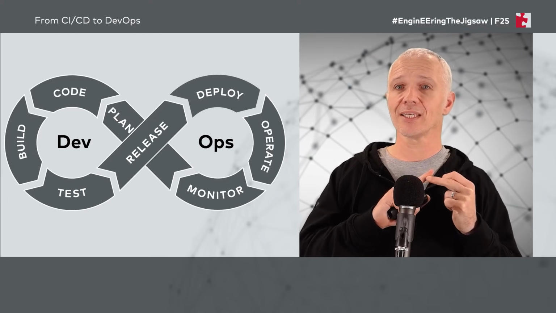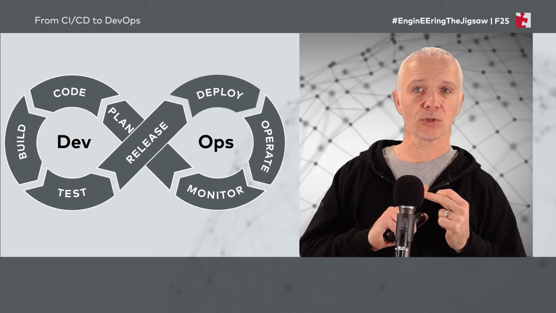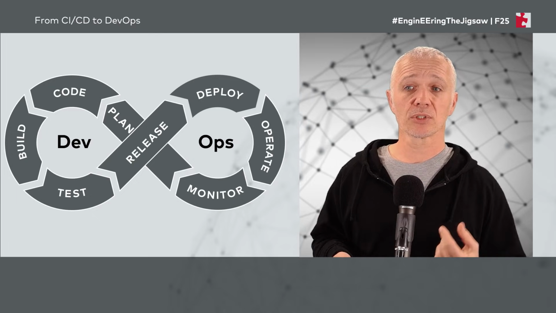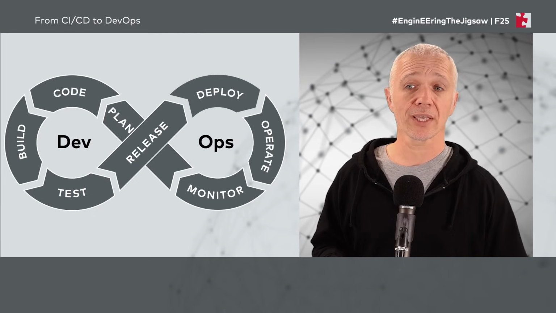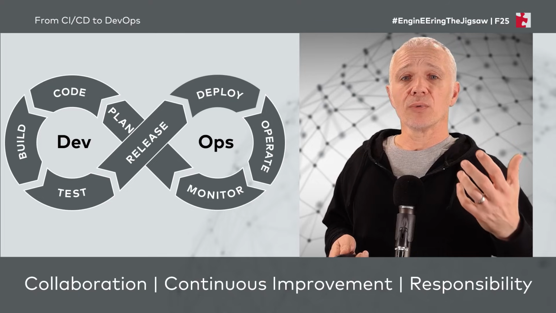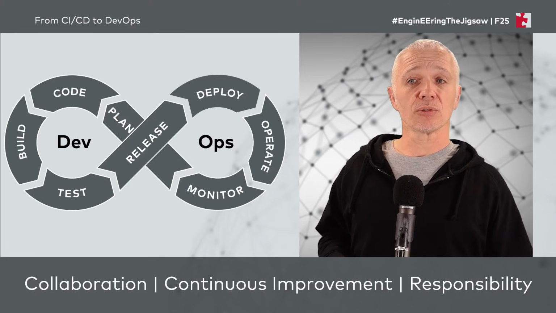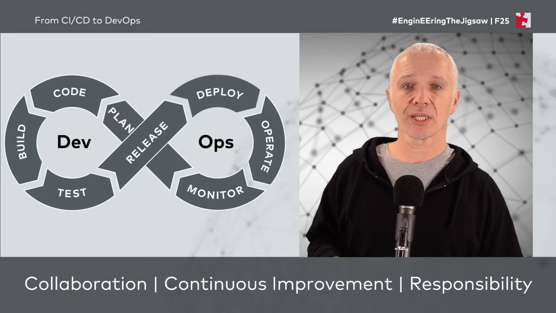So quality is everybody's job if you are implementing a DevOps process and way of working. So we need that collaboration, we need that continuous improvement, we need that shared responsibility.